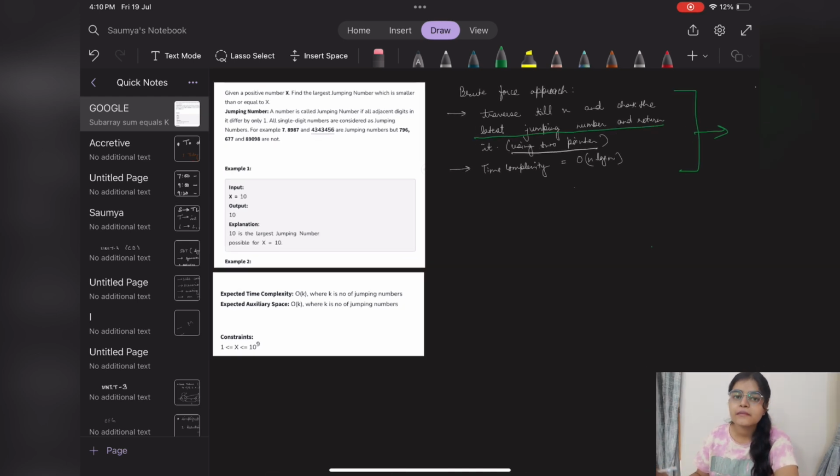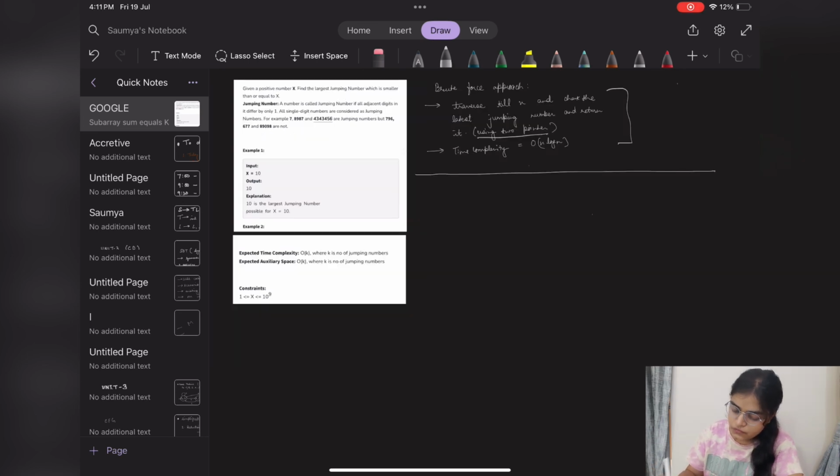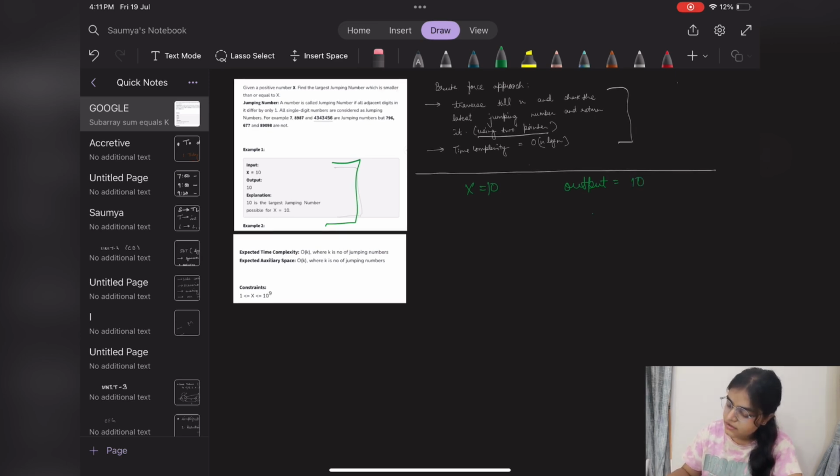Return the maximum among them. For this example, x equals 10, the output is 10 itself. Why? Because the absolute of 1 minus 0 is equal to 1. So hence it's proved that it is a jumping number.